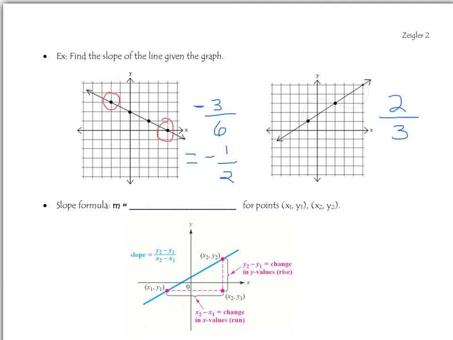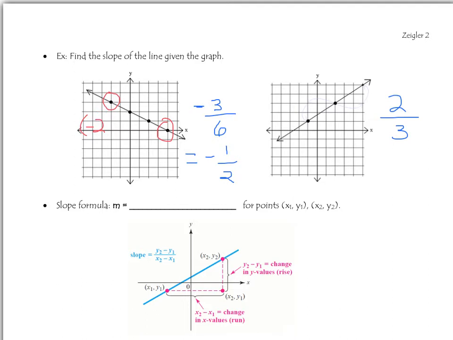So it's very easy to find slope if you have a graph. But what if you are just given the values of the points? For instance, in the graph on the left, let's review a little bit. The first point, x is going to be -2. We know that because here is 0, 0, and on the x-axis we have to move to -2 to get to that point. So y, we have to move up 3 to get to that point.